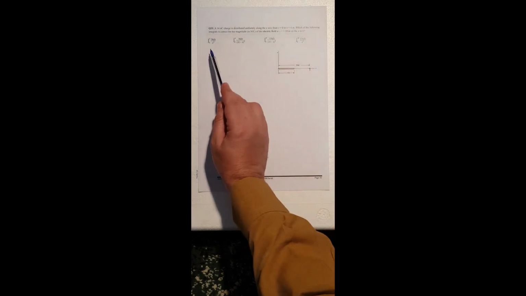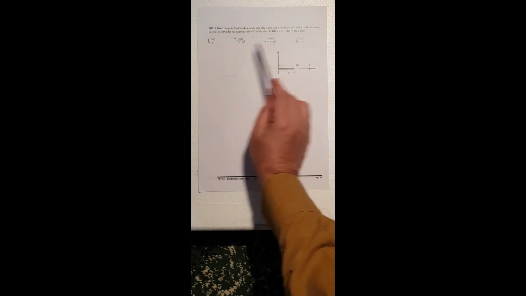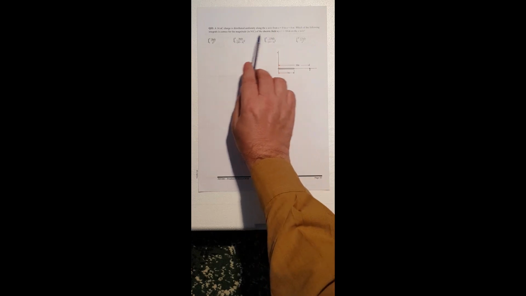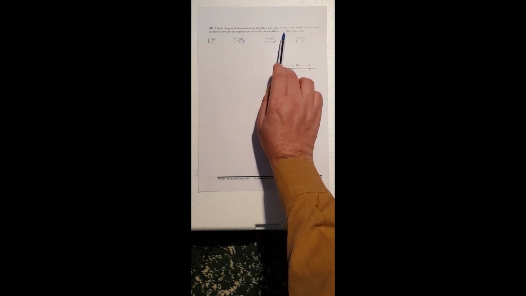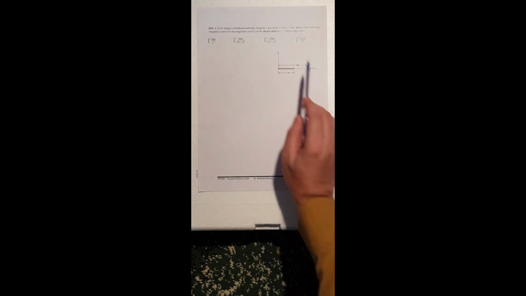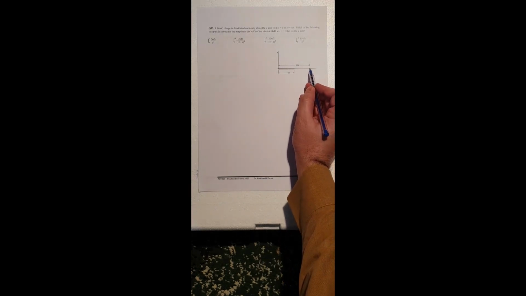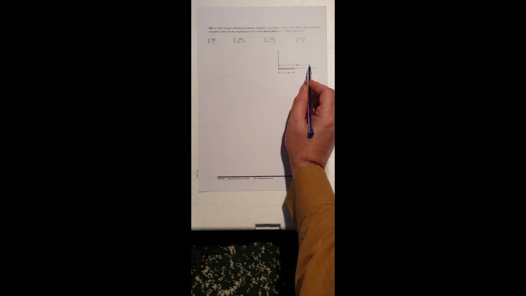Now, which of the following integrals is correct for the magnitude of the electric field, only magnitude, at position x equals plus 10 meters on the x-axis? It means what's the total electric field at point P here, which is 10 meters from the 0, 0.